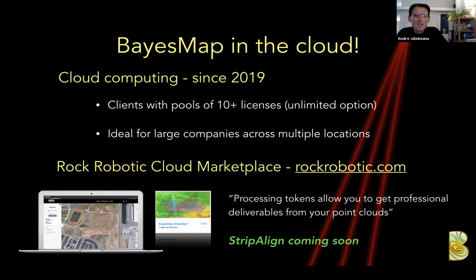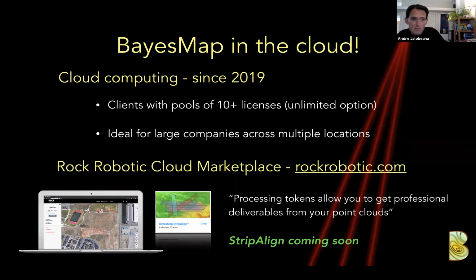We have been in the cloud for 2 years now, and things are developing really fast. Since 2019, we have had clients working to put all the software, both StripAlign and WavEx, in Amazon or Microsoft clouds.